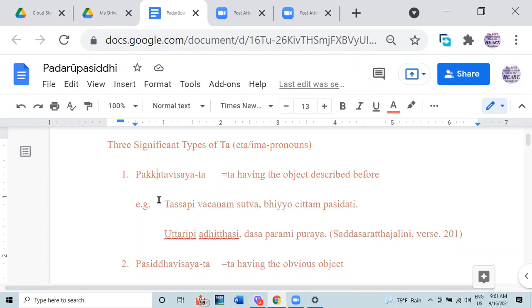Paganda means here we can say described, already described or mentioned or said. We see many meanings. In this case, I think object. So object or something. We can say daba.